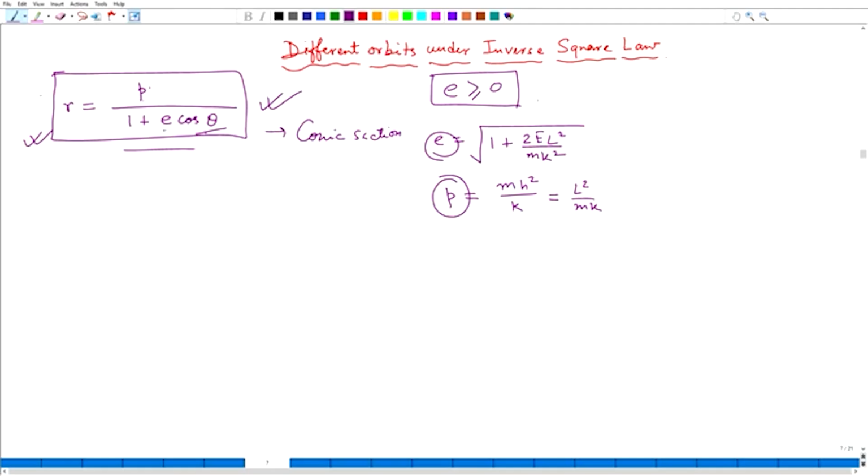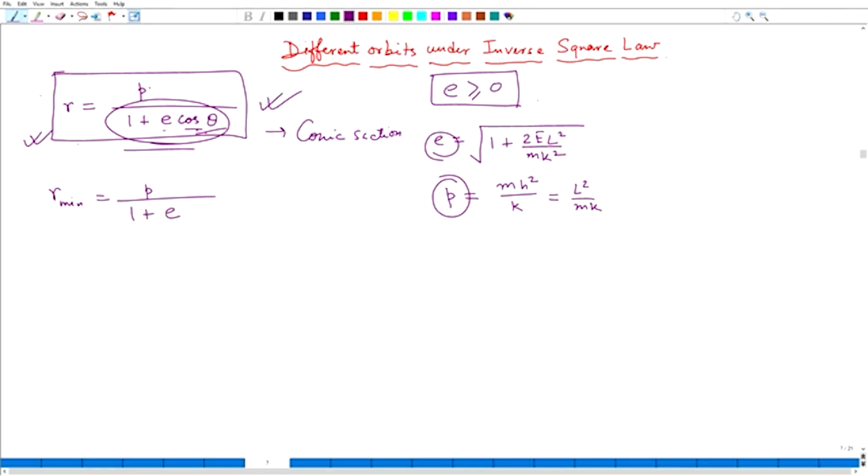From this expression, it is quite easy to check that r will have its minimum value when this part has the maximum value, and that means cos theta will have its maximum value. The maximum value for cos theta is plus 1, and that is why r min will simply be equal to p by 1 plus e, with cos theta equal to 1.